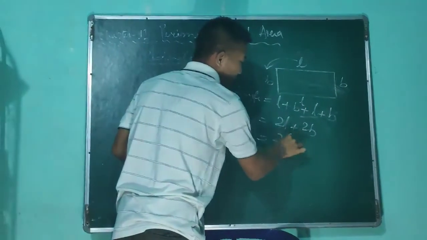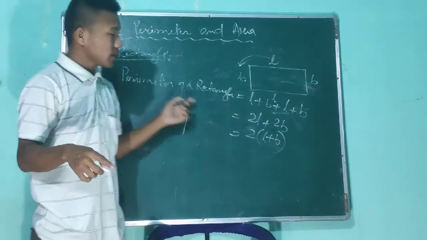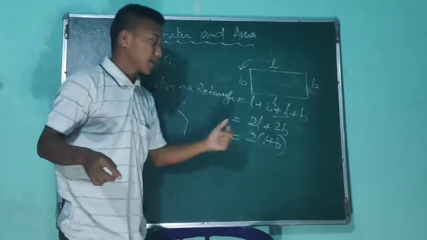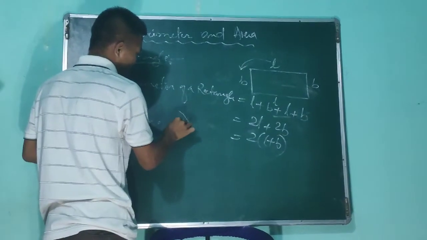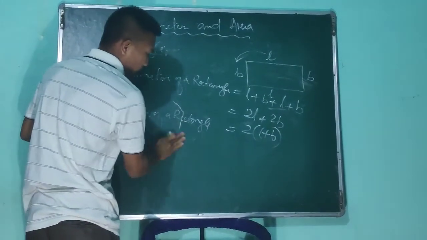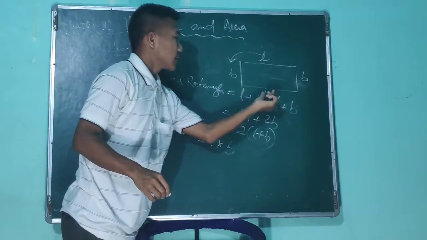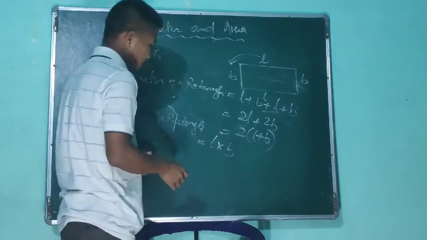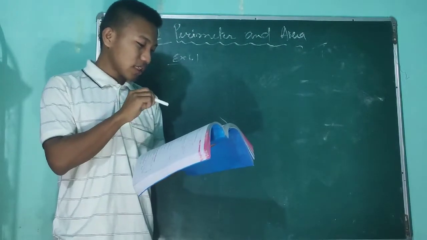You take 2 common, then you will have twice length plus breadth. So perimeter of a rectangle will be twice length plus breadth. Remember this. Now area of a rectangle is equal to length into breadth. You have to multiply this length and this breadth. That's it. Now let us try to solve this exercise 11.1.